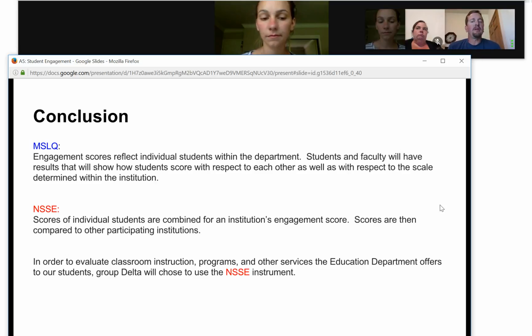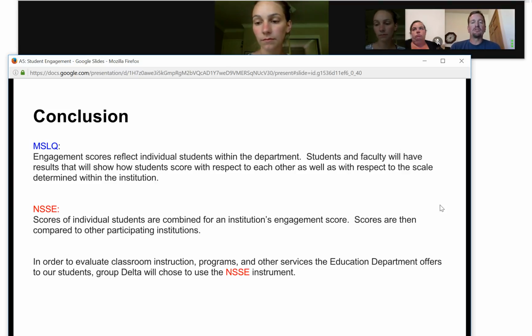So in order to evaluate the classroom instruction and the services that our education department would offer to the students, our group would choose the NSSE instrument. It is possible to do both, where the NSSE instrument measures how the department is doing, and the MSLQ measurement could then pinpoint certain students that need more attention.